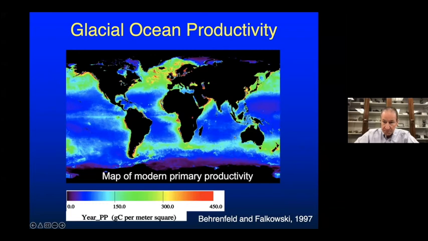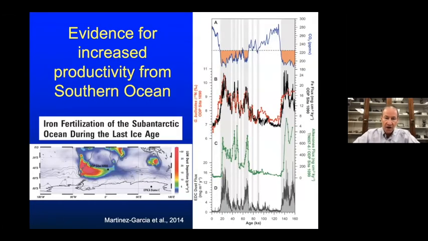And there is an argument that that productivity might have been increased in the glacial time if there was an addition of a so-called micronutrient, in this case, iron. So there's the idea that iron fertilization, the fertilization by iron from the continents in the form of dust or other particles that would contain iron, could lead to higher productivity and greater burial of carbon into the deep ocean.